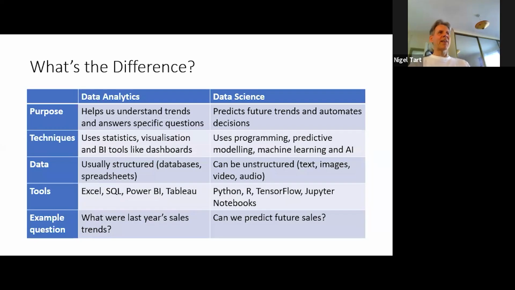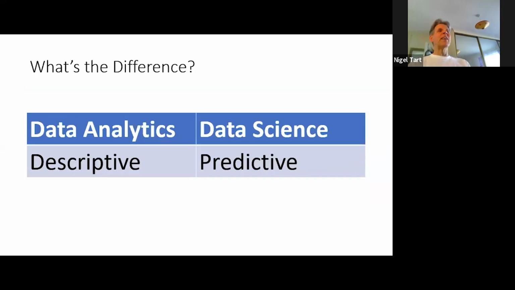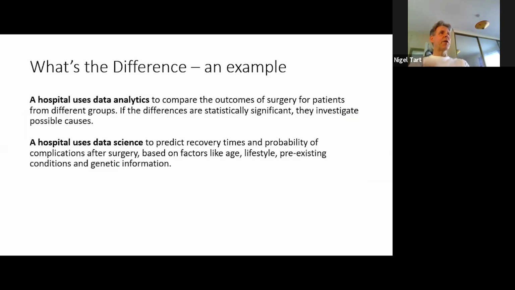That's from the A-level lesson, as I said. But it boils down to, you can read that later, data analytics is descriptive and data science is fundamentally predictive. That's the main difference. So quick example, and then we'll move on. A hospital might use data analytics.